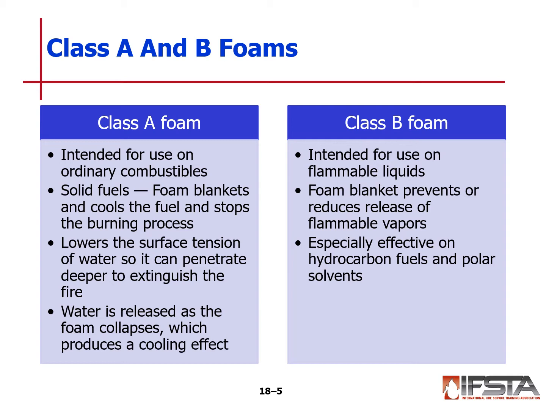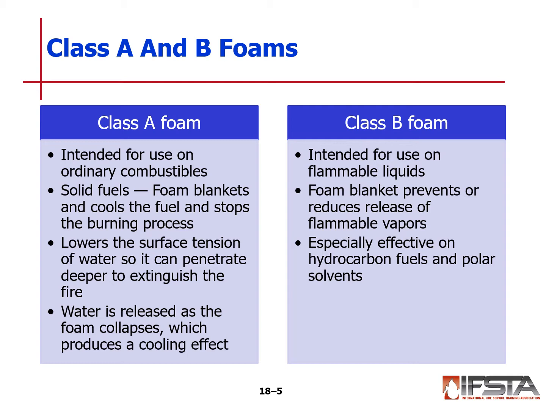It does lower the surface tension of water and then allows that water to penetrate deeper to extinguish the fire. And this is the wetting, making water wetter, if you will. And then the water is released as the foam collapses and deteriorates, and again will release water at that point and cause a cooling effect.